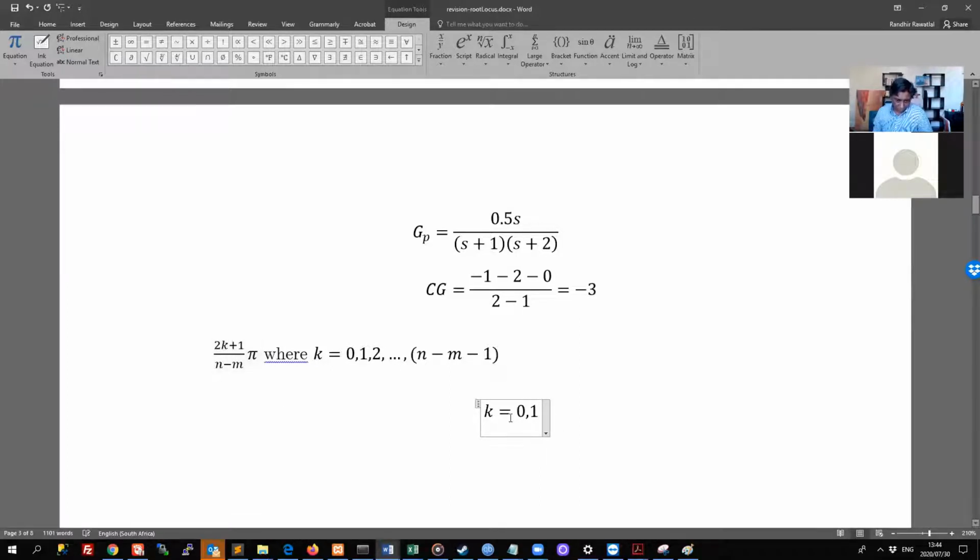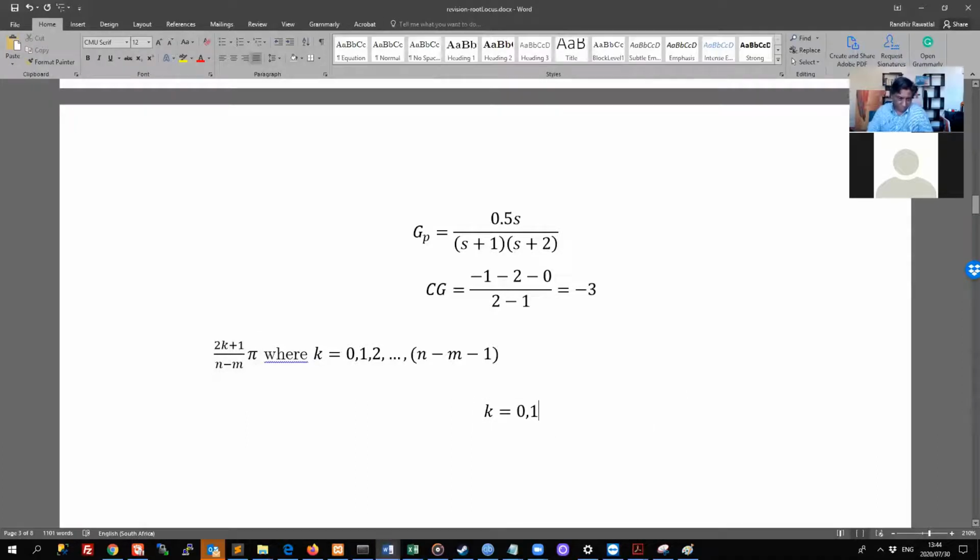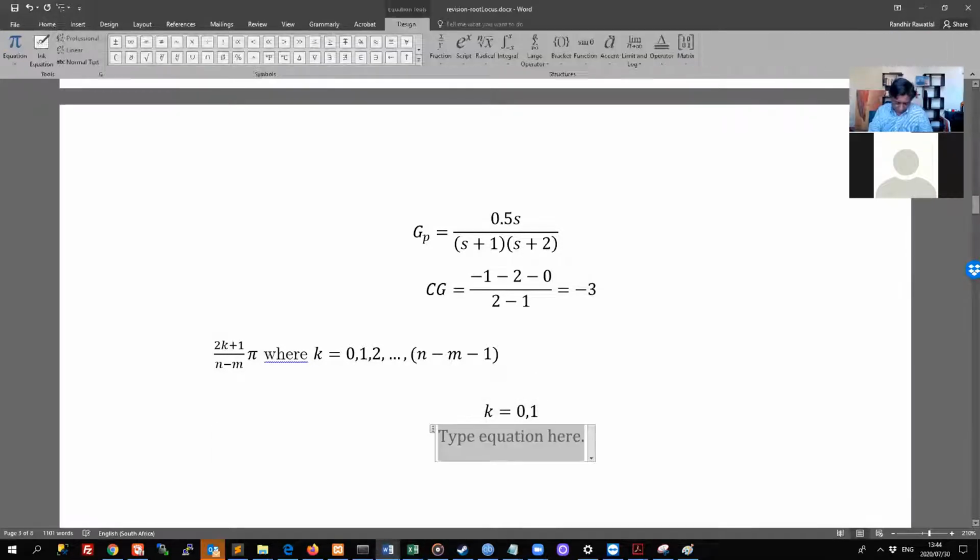And so we need to generate just two angles here. The angle, when k equals 0, is 1 over 2, so that's pi over 2. That's the first angle. And then when k equals 1, that's 2 plus 1 is 3, so 3 over 2, so that's 3 over 2 pi.